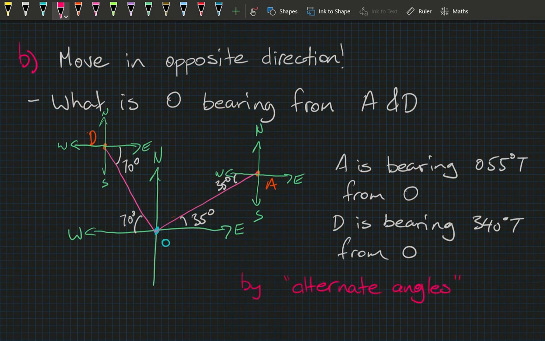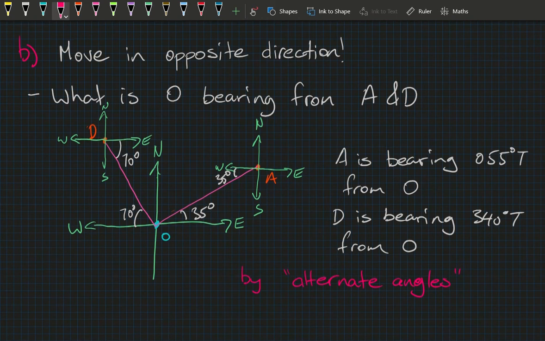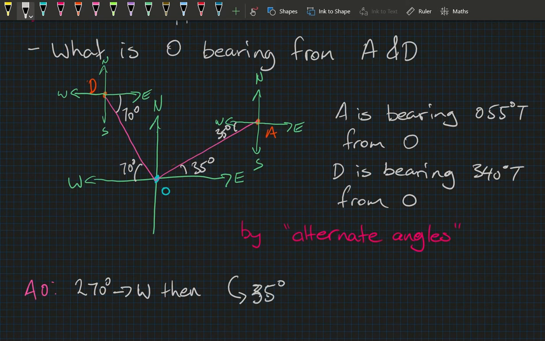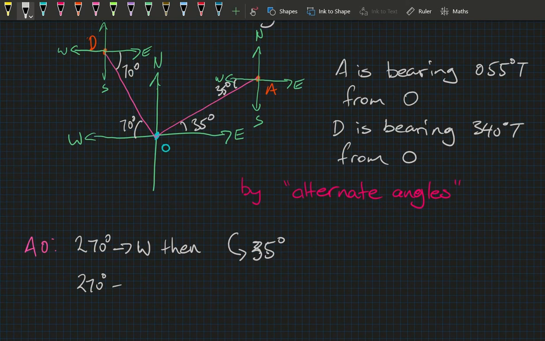Alright, so let's focus in on the angles I've written on those compasses, and we can now figure out A to O. Now if A is facing north, we're going to rotate 270 degrees west, but then counterclockwise rotate back 35 degrees. So because it's counterclockwise, we end up with 270 minus 35, which equals 235.